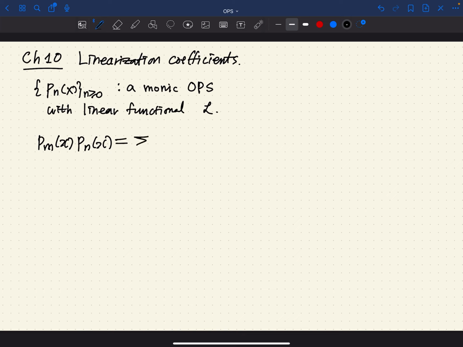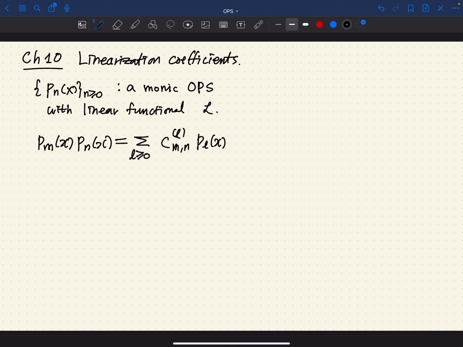So there is a unique expansion in this way: p_l(x), and there is a coefficient which I'll temporarily write this way.